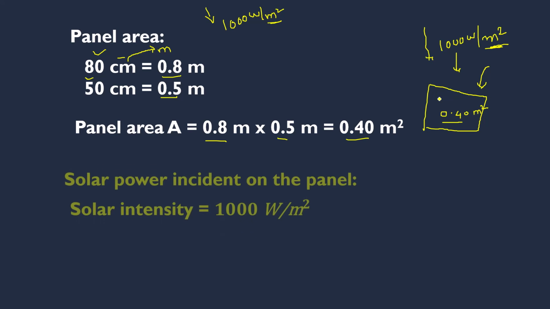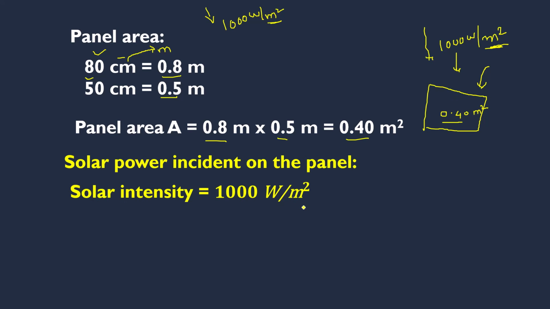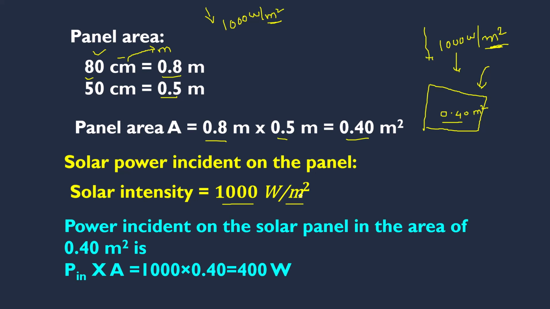The solar power incident on the panel is Pin into area, which is 1000 into 0.4, which gives you 400 watts. If you look at the units, watt per meter square times meter square, the meter square cancels, and this is 400 watts.